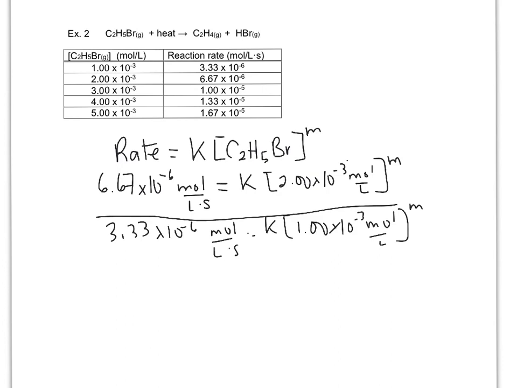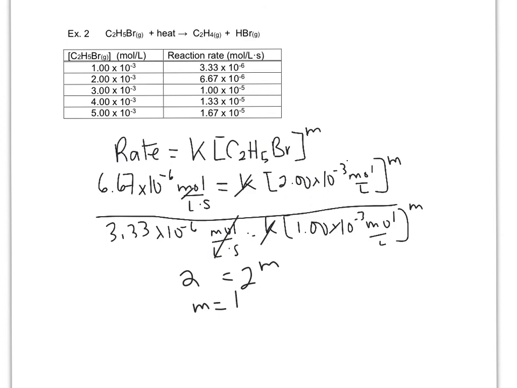So 6.67 divided by 3.33 is 2. Your units cancel. K cancels. 2 divided by 1 is 2. So m is equal to 1. So this is first order with respect to ethyl bromide.